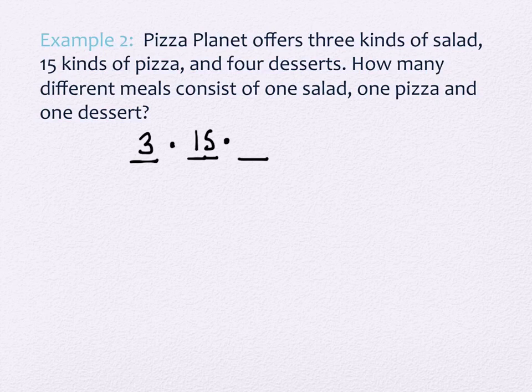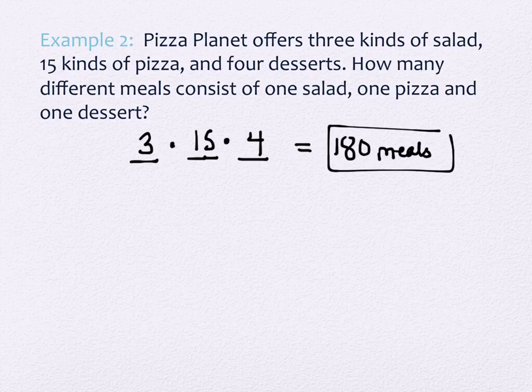And a dessert? 4. And we multiply those outcomes together. And what do we get? 180. So there are 180 meals. Okay, simple enough. Just multiplying outcomes together.